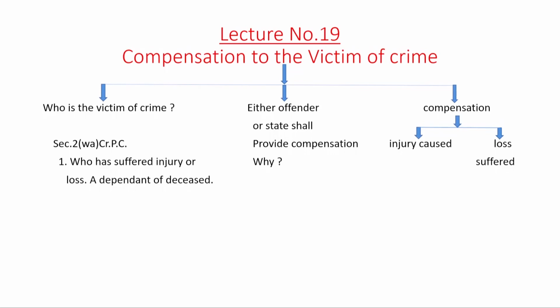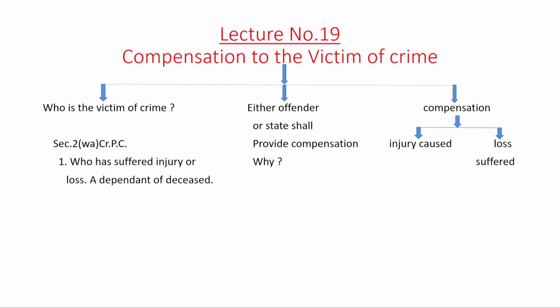So, once a complaint is made to the authority, once the FIR is lodged at the police station, with the help of that FIR or complaint, the district legal service authority will have to complete its inquiry within 2 months. After the completion of that inquiry, the district legal service authority will provide compensation to the victim of crime.